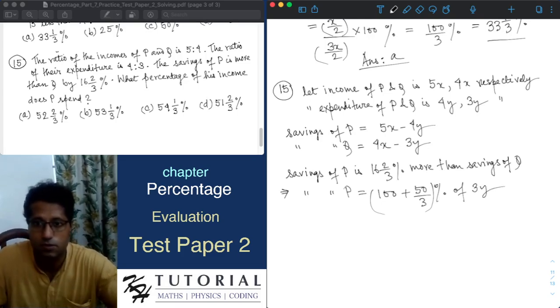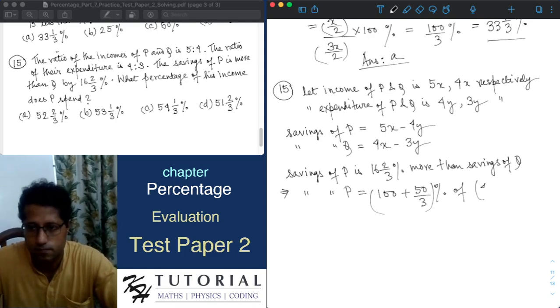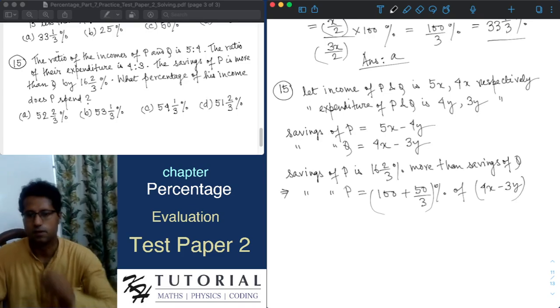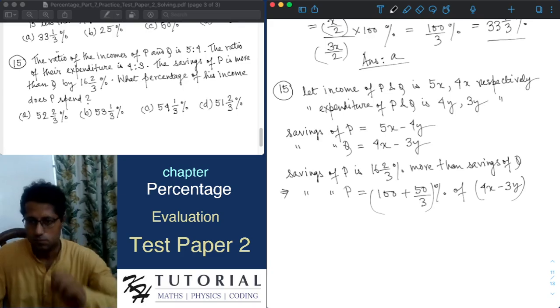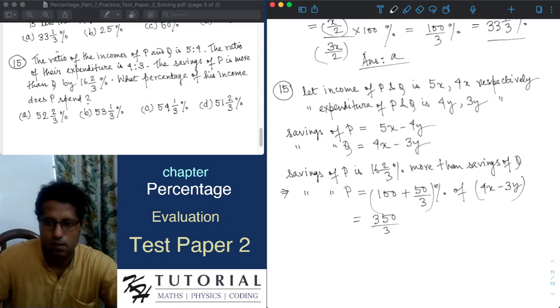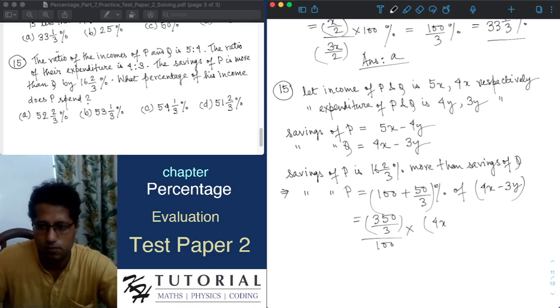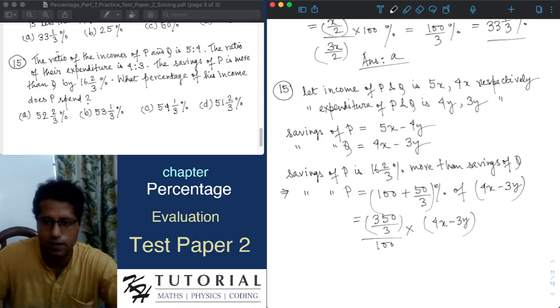Savings of Q is 4x minus 3y. So this is equal to 100 plus 50 by 3, which is 350 by 3, divided by 100 into 4x minus 3y.